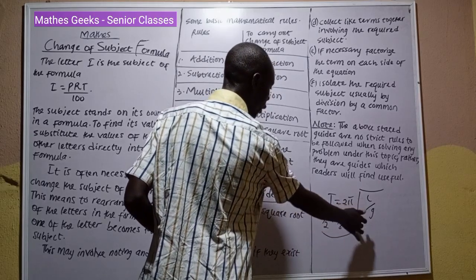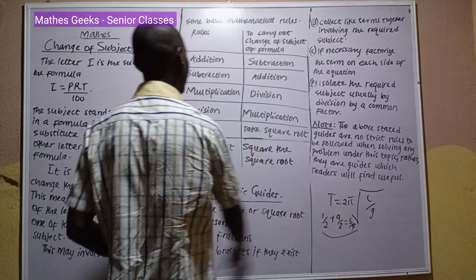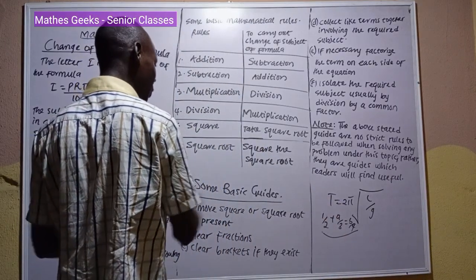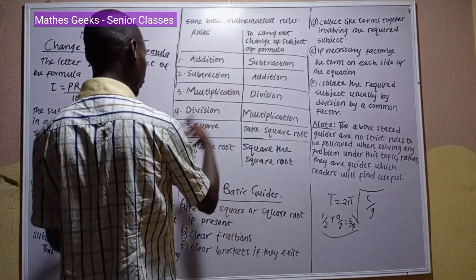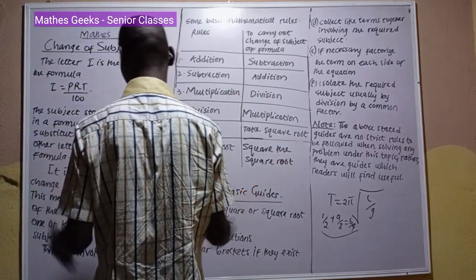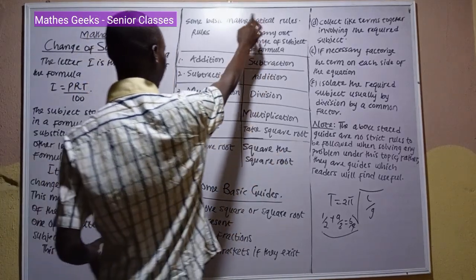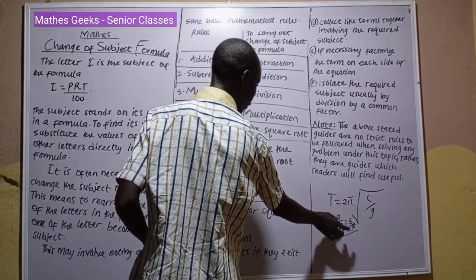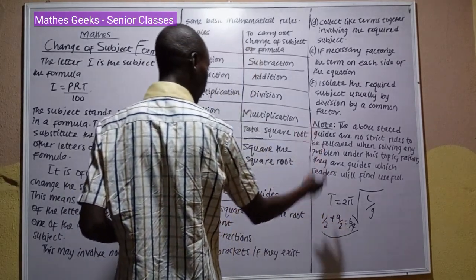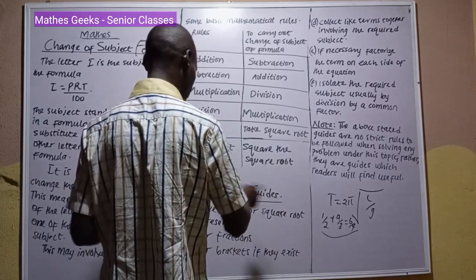Then you cross multiply, and then you're able to make E the subject. So you can see that in this problem alone we have a lot of mathematical rules, like looking for a denominator, and then multiplying, dividing, and all of that.